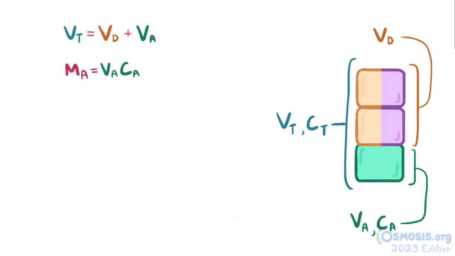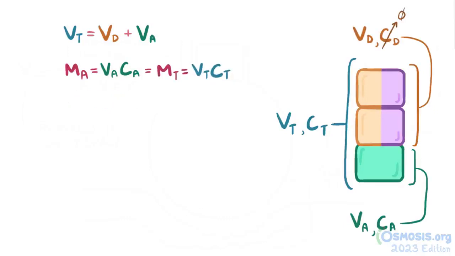Similarly, the total amount of carbon dioxide in an exhalation is the tidal volume Vt times the concentration of the tidal volume Ct. Remember though that one of our assumptions is that all of the carbon dioxide in the tidal volume is from the functioning alveoli, in other words, the green block. We could add in the concentration Cd of the dead space, but remember that it's equal to 0. So really the total amount in the tidal volume is the same as the amount in the alveoli.